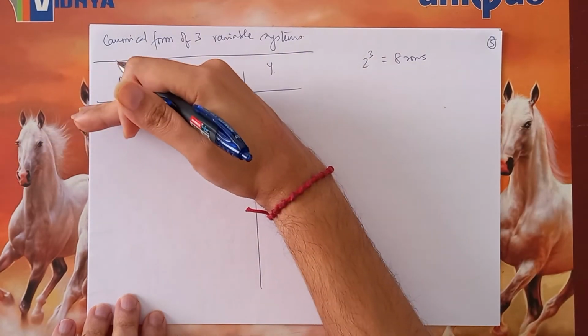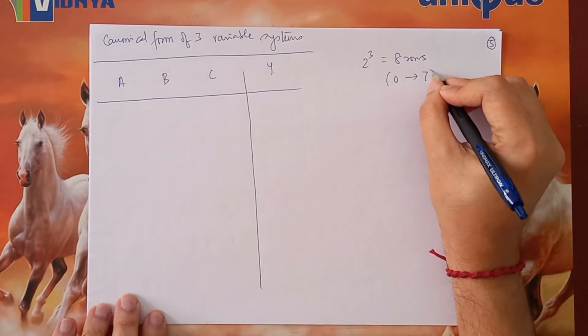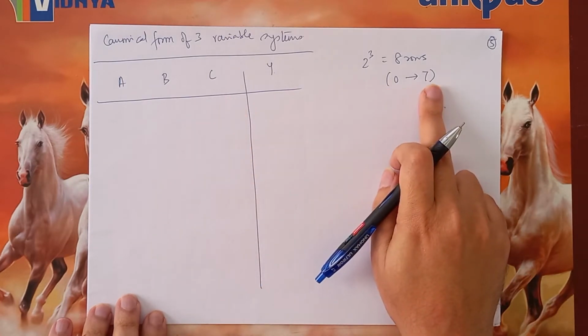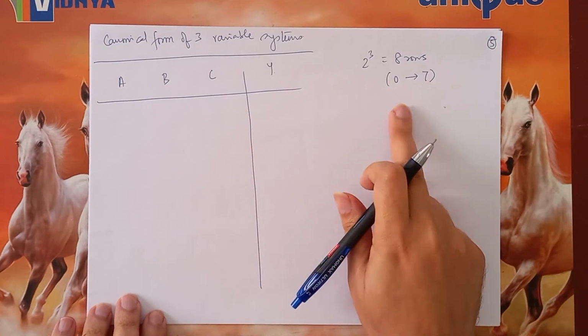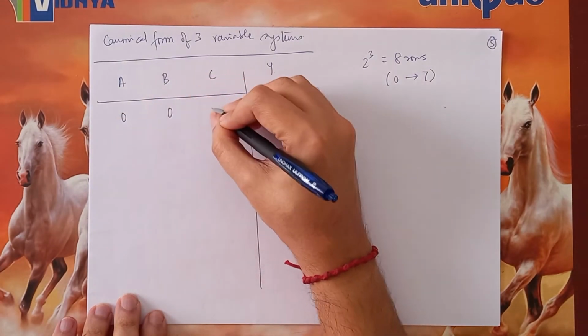Each row will be numbered from 0 to 7, so convert all the numbers from 0 to 7 in order into their 3-bit binary form.